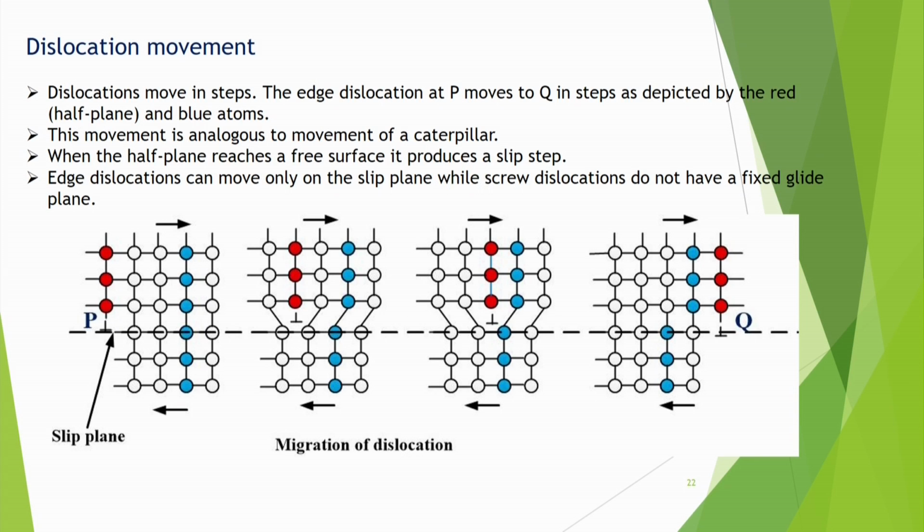When the half plane reaches a free surface, it produces a slip step. Dislocations move only on the slip plane, while screw dislocations do not have a fixed glide plane. Screw dislocations can cause twinning also. Twinning means you make the mirror image, that is, one portion of the atoms gets twisted a bit.